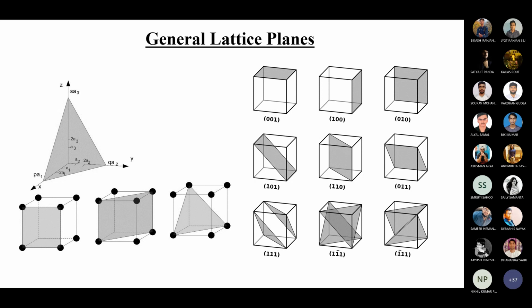Families of directions are written with angle brackets, the triangle-shaped brackets, with the HKL direction. And planes, HKL plane, should be in round brackets, and families of planes in curly brackets. We have already gone through all those things, but we should be very careful about them.